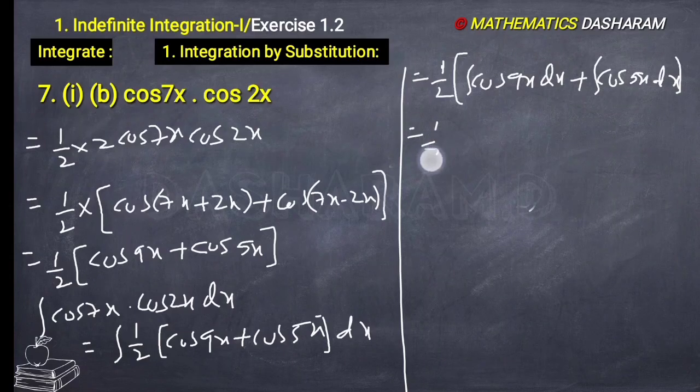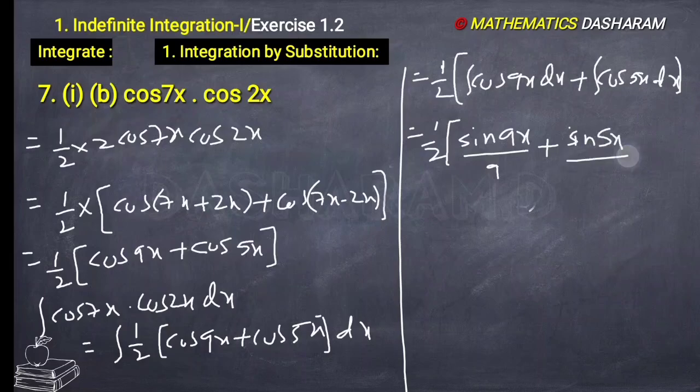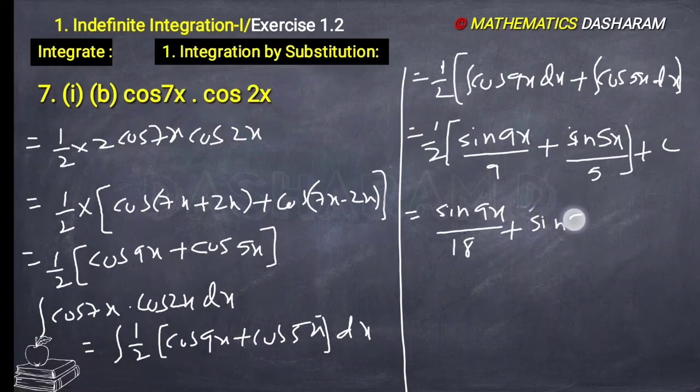So it is equals to 1 by 2 bracket of integration of cos 9x dx is sin 9x and derivative of 9x is 9, cos 5x integration is sin 5x and divide with the derivative of 5x, that is 5, plus c. So it is equals to 1 by 2 multiplying inside. So sin 9x by 2 nines are 18 plus sin 5x by 2 fives are 10 plus c.